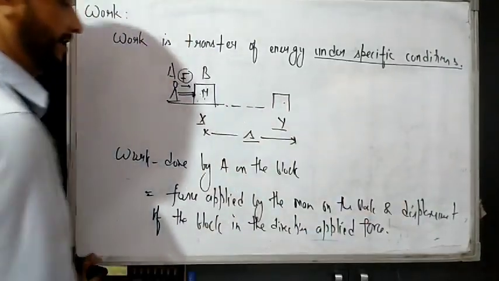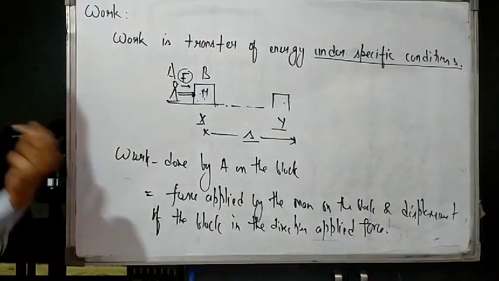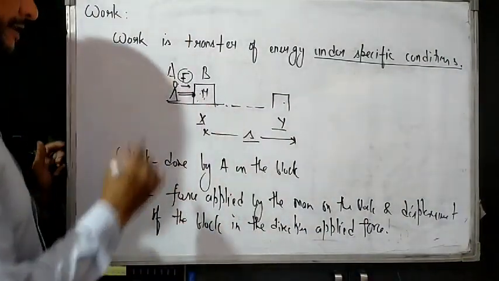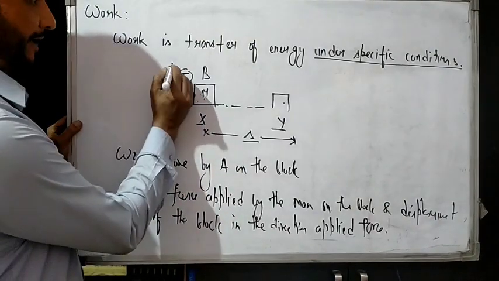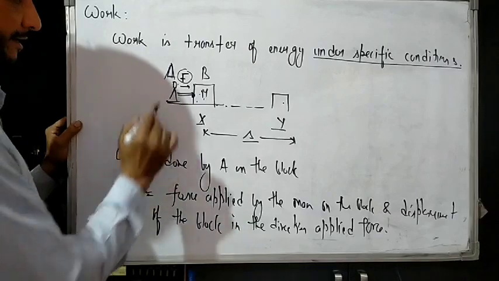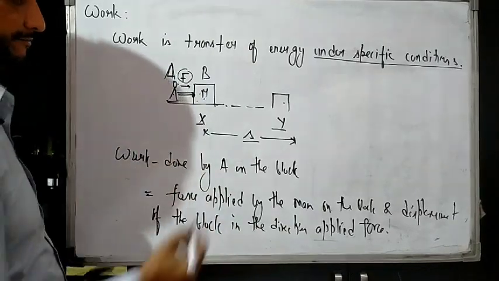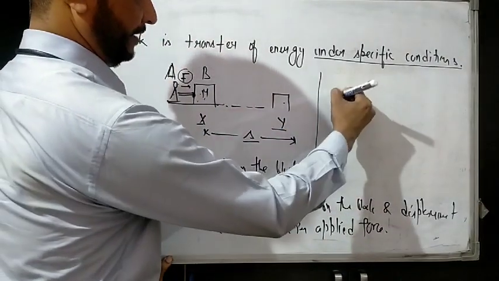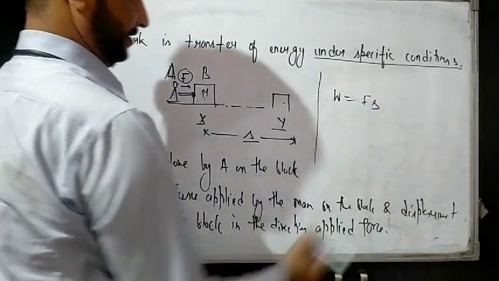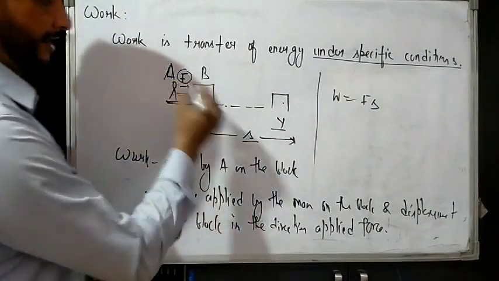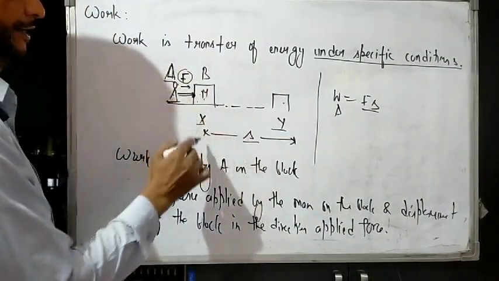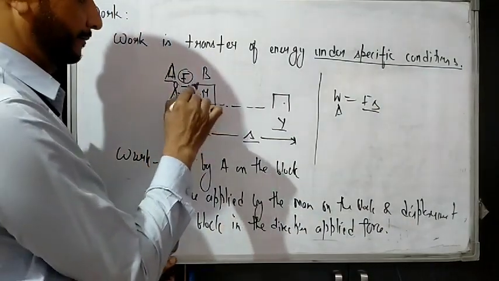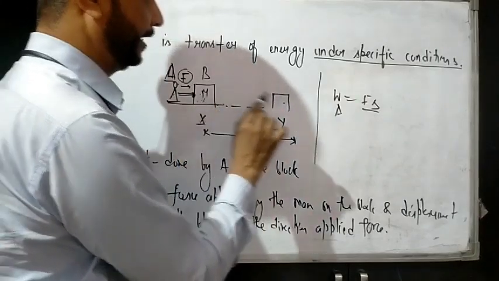This is the very simple definition of work done. Let me again explain the things. When A applies the force on B, it will transfer Fs joule of energy. A transfers Fs joule of energy to B, due to which block B moves.